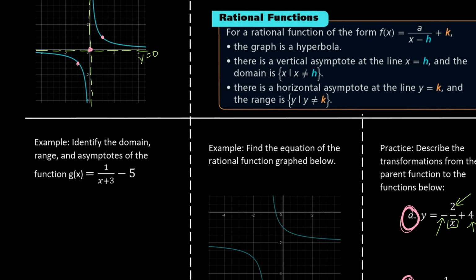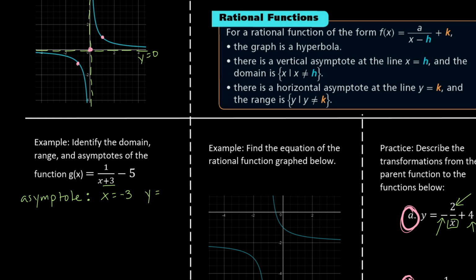Good. So our asymptotes are actually where? At x equals -3. Because remember, it moved to the left 3, so it's at -3.